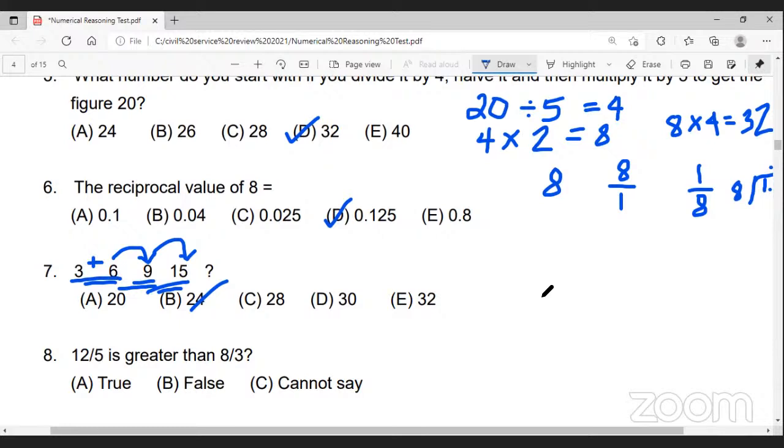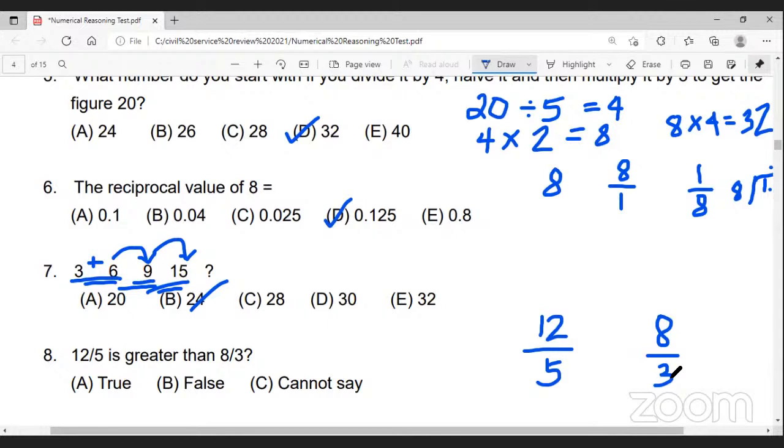I already introduced to you how to compare fractions, aside from doing the operation to get the decimal form of the fraction. There is an easy way to compare fractions and say that this one is bigger than the other. Can you still recall?